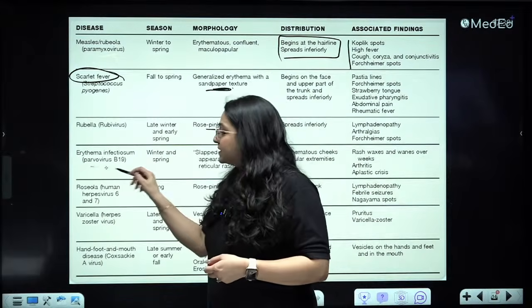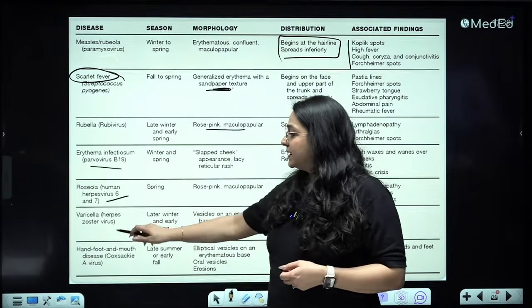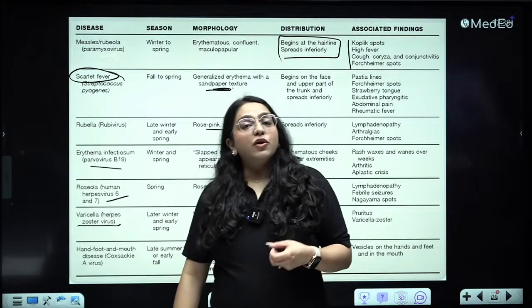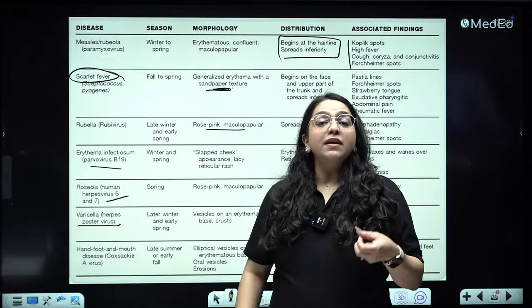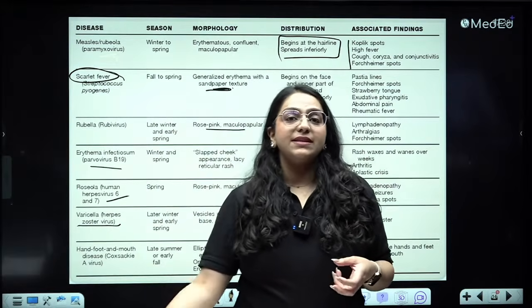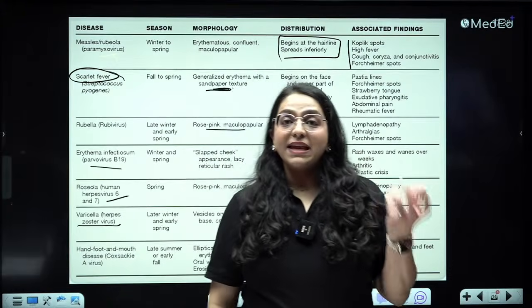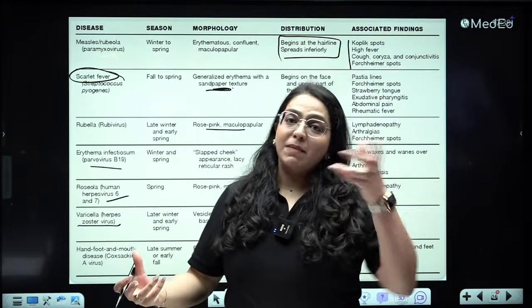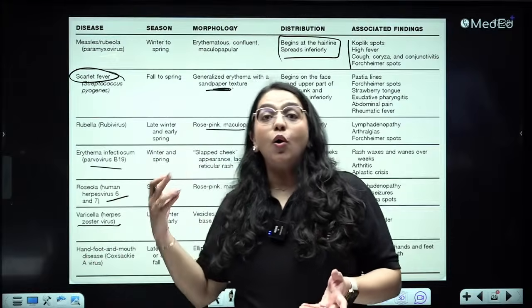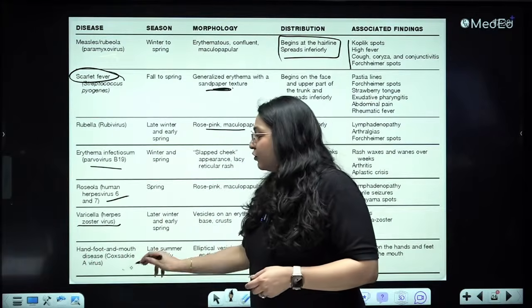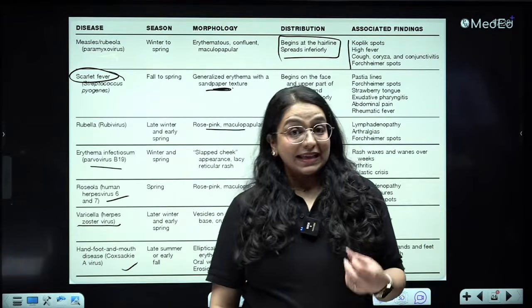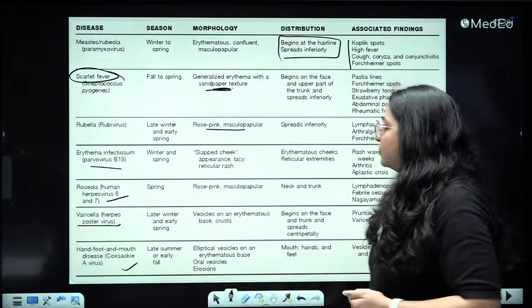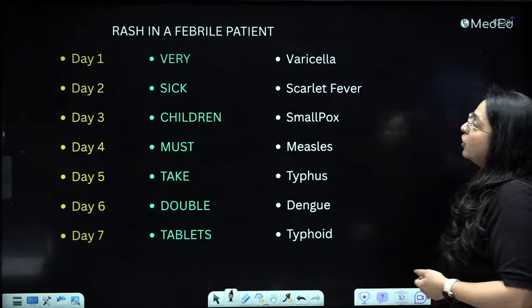Then we have seen the slapped cheek, the sixth disease. Herpes zoster or varicella chickenpox is going to be multiple crops of rashes at the same time. So there can be a vesicle, a blister, a macule, and a scab all at the same time. And then of course the hand, foot, mouth disease by the Coxsackie group of viruses, which includes the hand, foot and mouth of the babies.